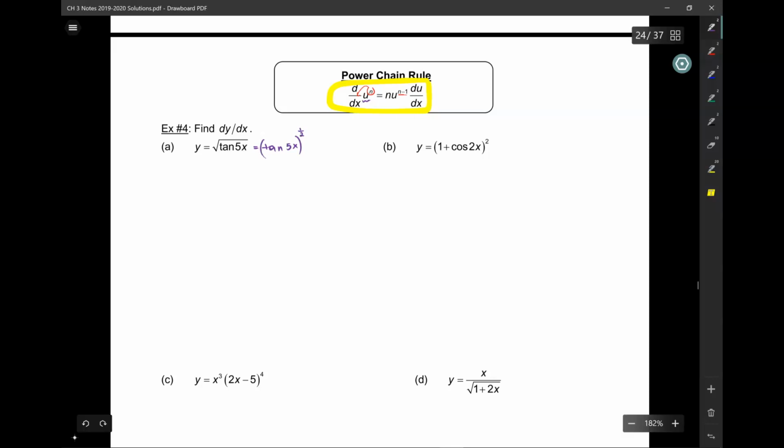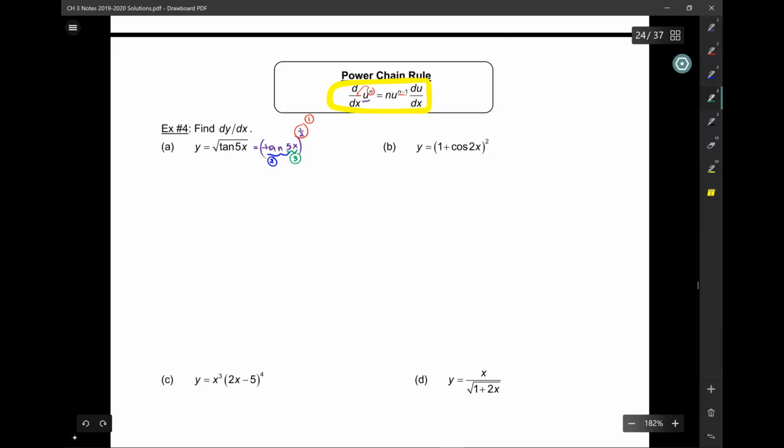So now what are my functions? I have the 1/2, that's my first function. That's the outermost function, right? Then inner function, I have tangent. And then yet another inner, I have what? 5x.